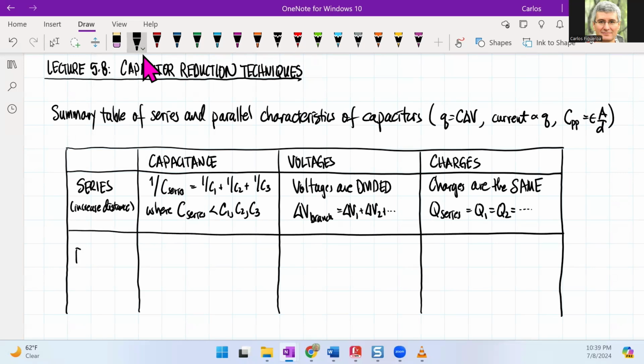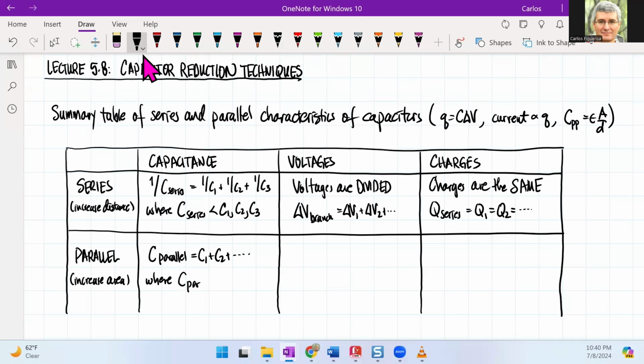Now we're going to go to parallel. So if I have parallel capacitors, it increases area. So then we go that C parallel, because area is directly proportional to capacitance, then however many capacitors I have in parallel, they add directly, where it's the opposite here.